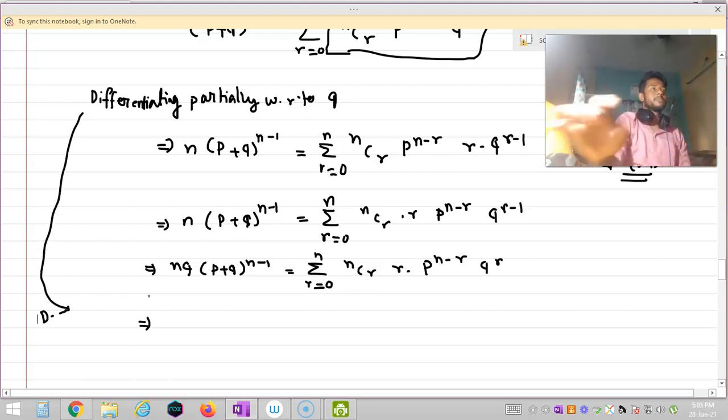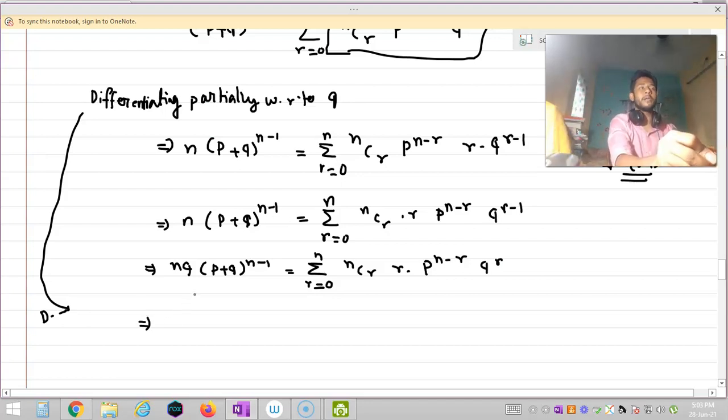Now if you differentiate the left side with respect to q, you have to use the uv derivative formula.